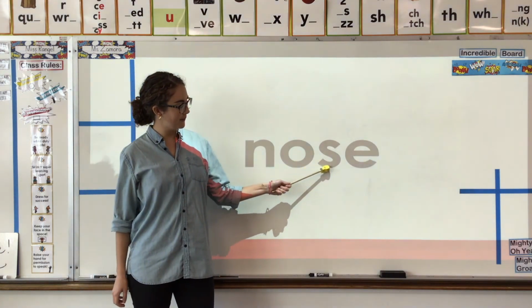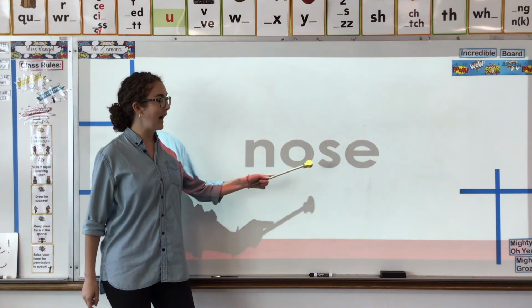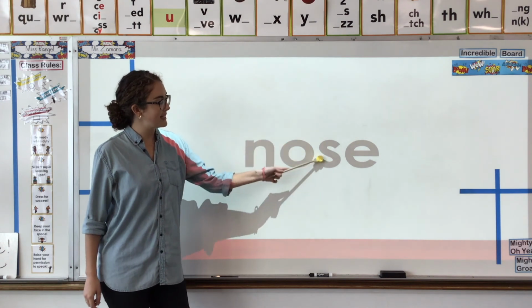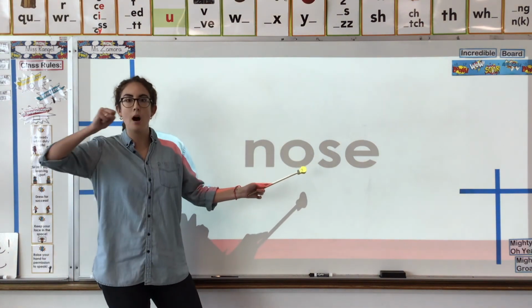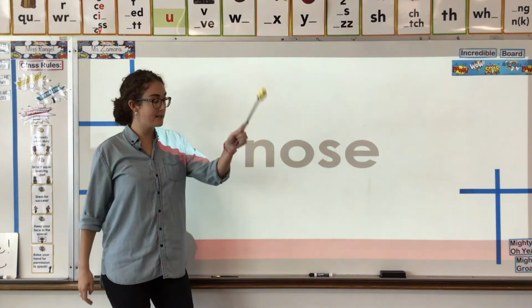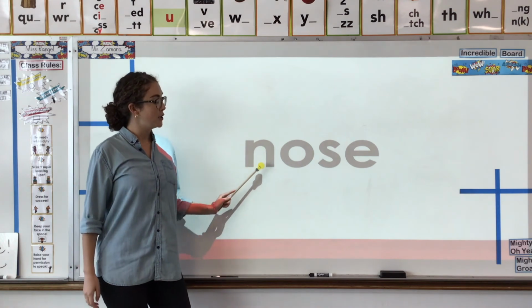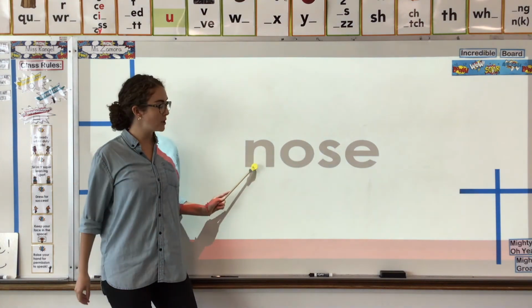What about this word? What do you see? We have vowel consonant E. So the O is going to say what sound? O, it's a long sound. So the word is nose. The S kind of makes the Z sound.